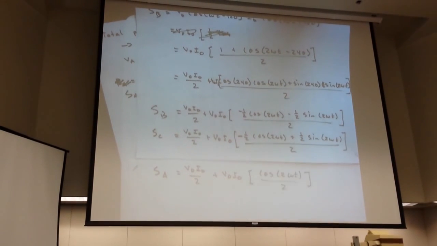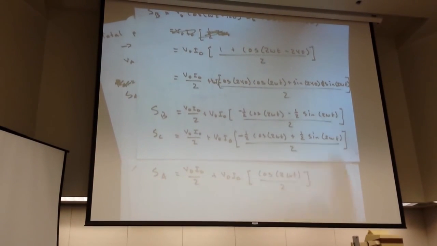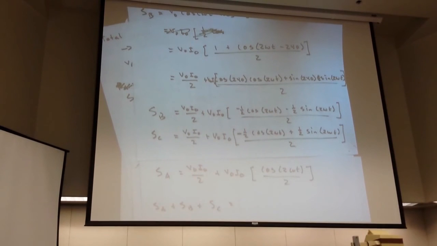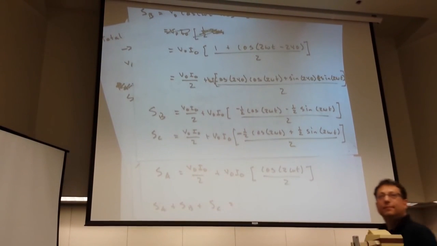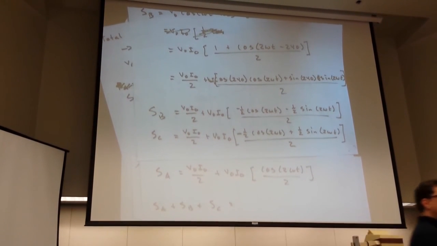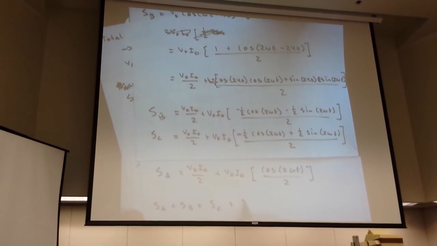Well, if I look at all these guys, if I add SA plus SB plus SC together, what happens to my two sine terms? Simple addition. What happens to my two sine terms? What happens to my cosine terms? And lo and behold, there was the 3 I put down initially. And I was thinking way far ahead.